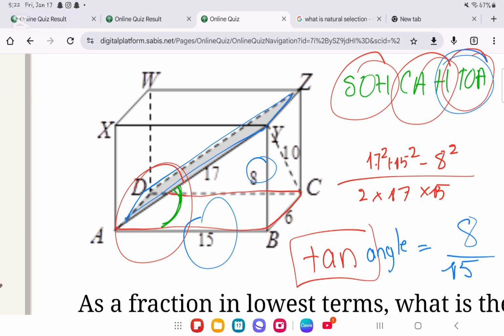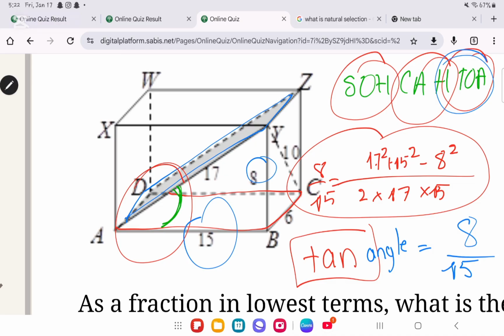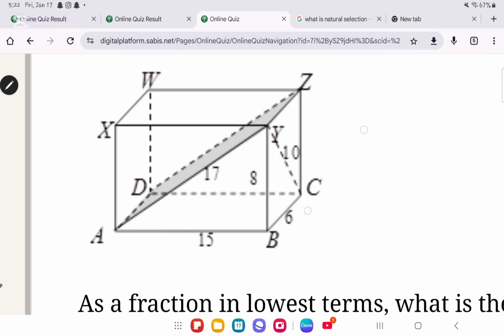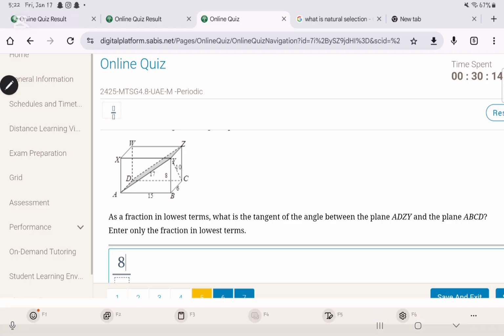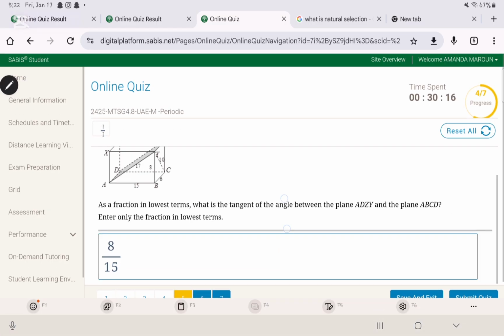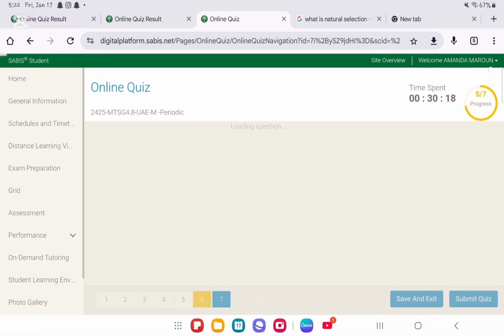Now you do shift cosine of your answer to get the angle, which is 28.072. Now you do tangent of the angle to get 8 over 15. So either way, you are gonna get the same result. You can either use the cosine rule or the tangent rule. In my opinion, the tangent rule is way easier, and in both cases you are gonna get 8/15.